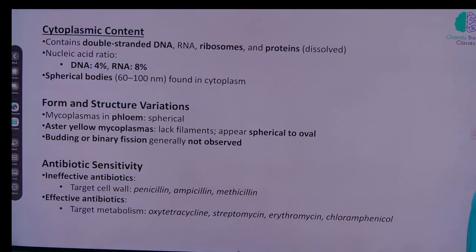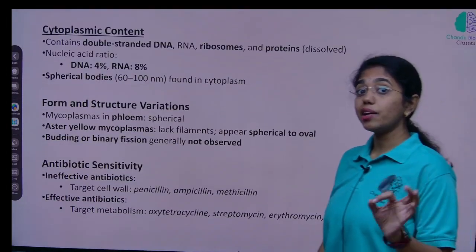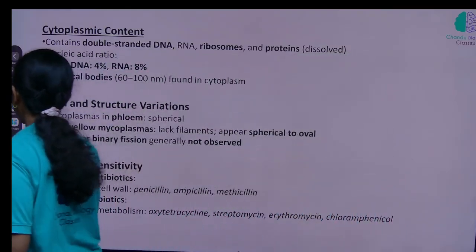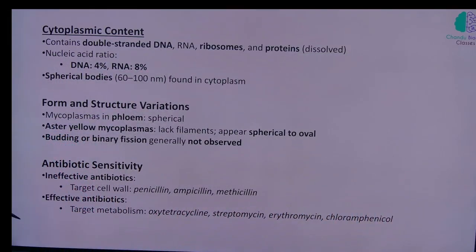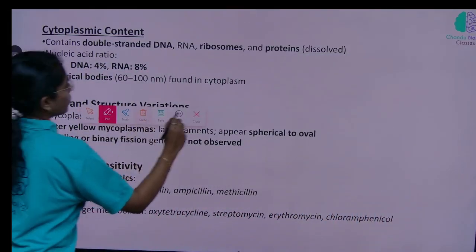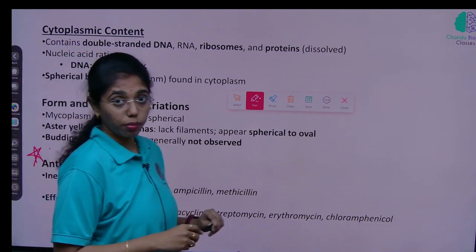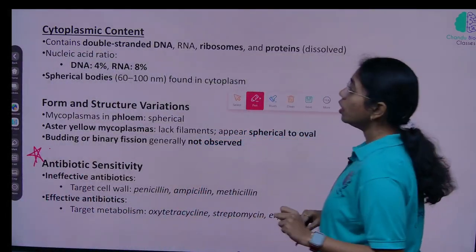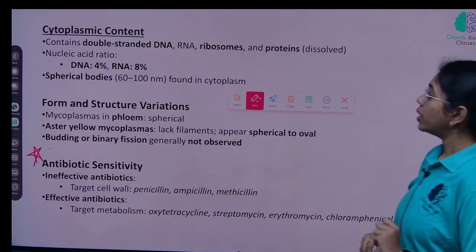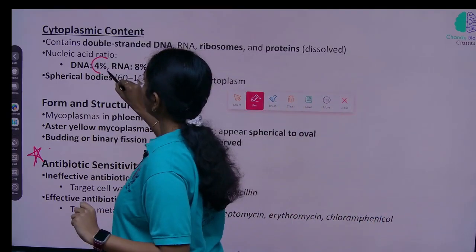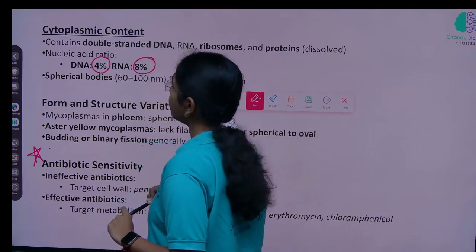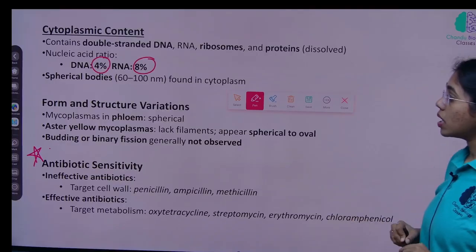What is the cytoplasmic content and what will be its antibiotic sensitivity? Antibiotic sensitivity is always a major point to be highlighted. Here we go with cytoplasmic content. They contain double-stranded DNA, RNA, ribosomes and dissolved proteins. Nucleic acid ratio: DNA is 4% and RNA 8% in the complete cytoplasm.